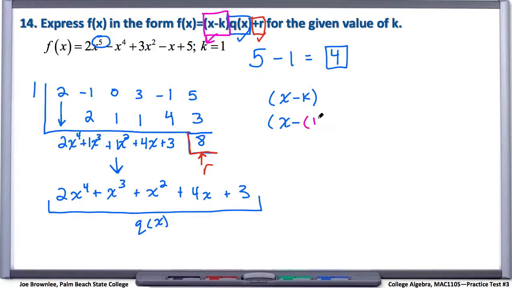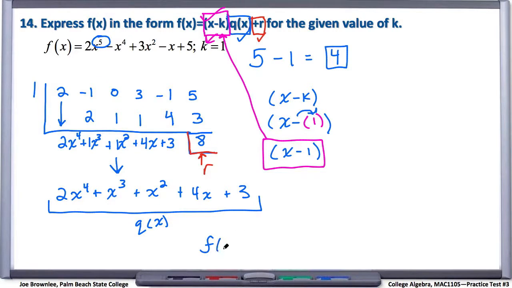Well, k was positive 1, so we'll plug that in and evaluate. We'll distribute that negative sign through, so we end up with x minus 1. And there we have our x minus k expression. So we've got all three things now that we need in order to give our final answer.